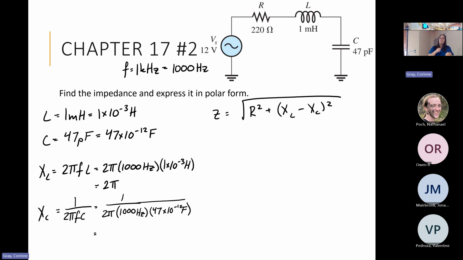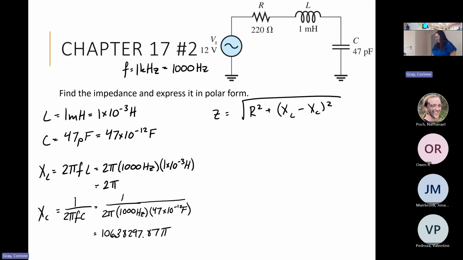Yeah, that's when you have a picofarad. Not including the pi, it's 106.38297 over pi. Again, you do whatever you want for doing your math.